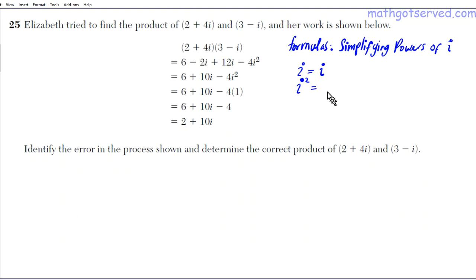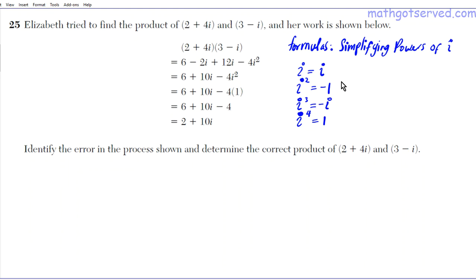So when you square that, the square takes out the square root, and you end up with -1. i to the third power is the product of i and i squared. If you multiply the reduced form, you have -1 times i, which is -i. i to the fourth power can simply be determined by squaring i squared, which is -1. -1 squared is +1. Okay?